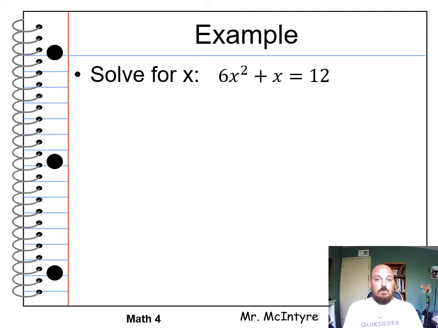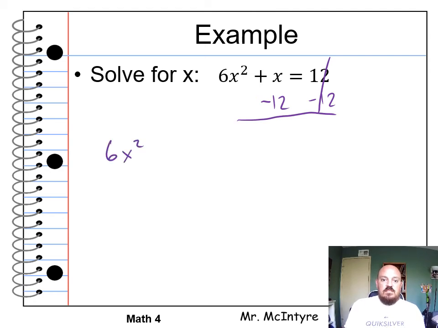And the quadratic formula, the equation has to be equal to 0 also. So before I do anything else, I'm going to start off this question by subtracting 12 from both sides because I want to cancel that out and make it a 0. So the equation I'm really solving here is 6x squared plus x minus 12 equals 0.